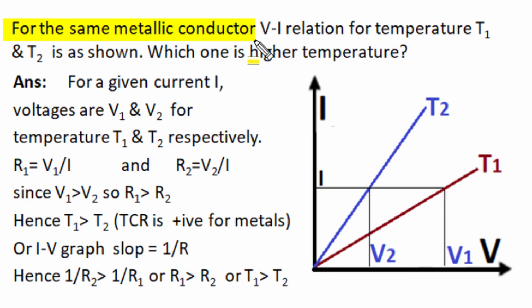For the same metallic conductor of the same material and same geometric parameters, the voltage and current relationship for two different temperatures T1 and T2 is as shown by these two linear relations, brown and blue. We have to find out which temperature out of T1 and T2 is higher in magnitude.